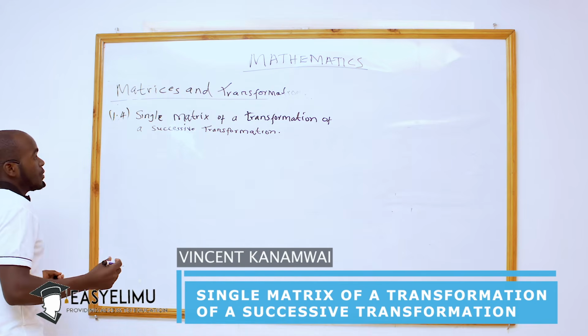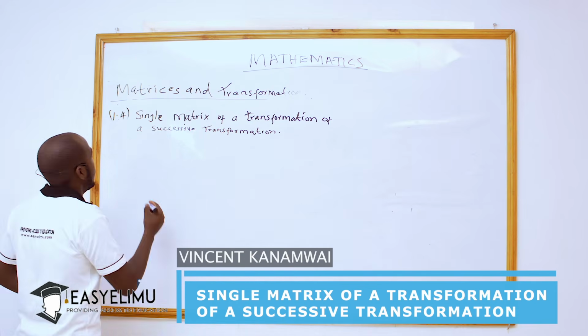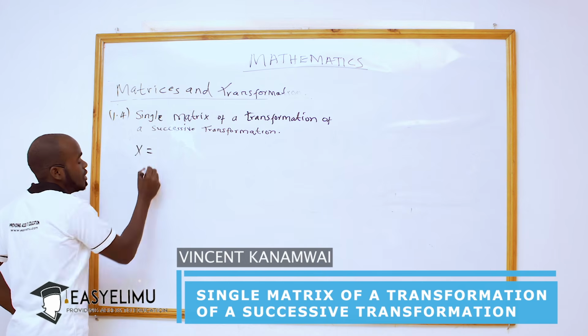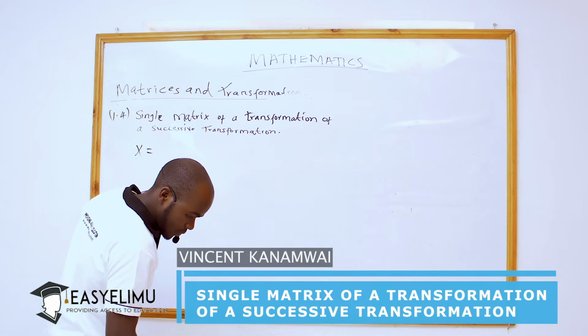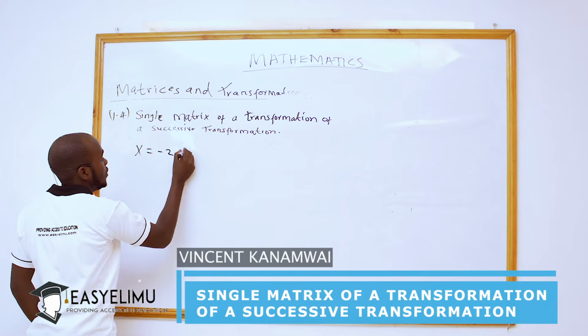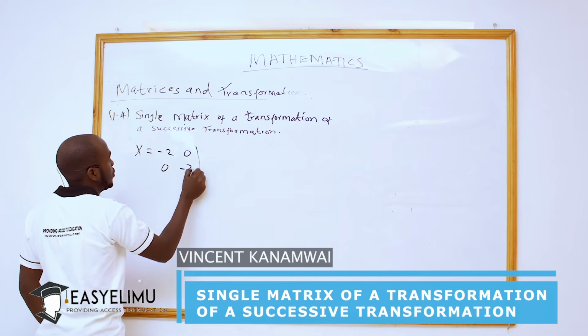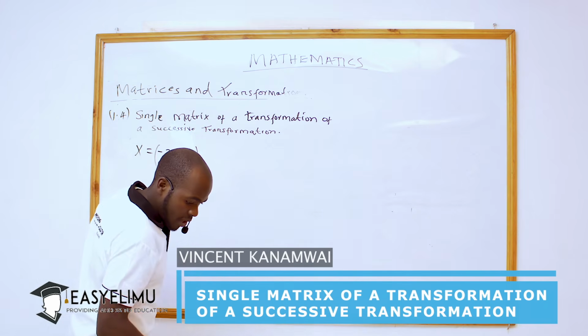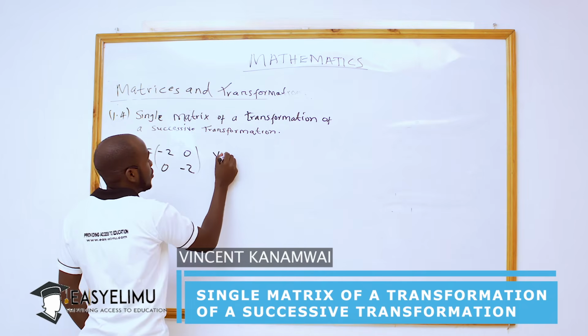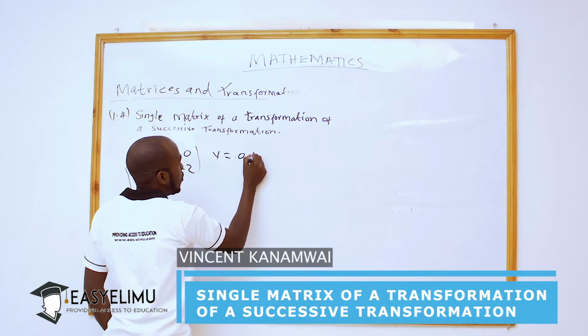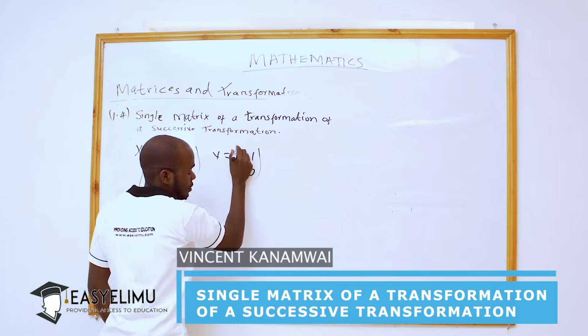Now, for example, let x equal -2, 0, 0, -2, and maybe y equals 0, 1, 1, 0.